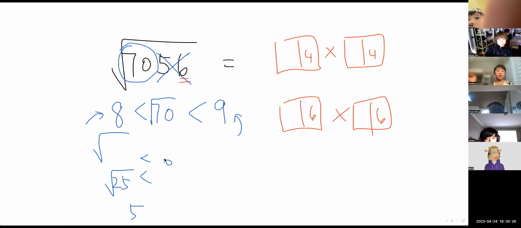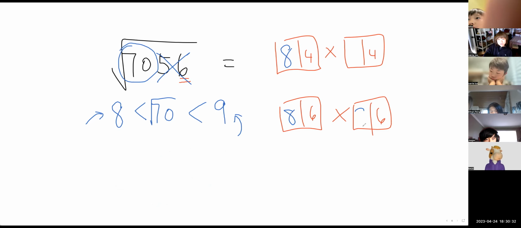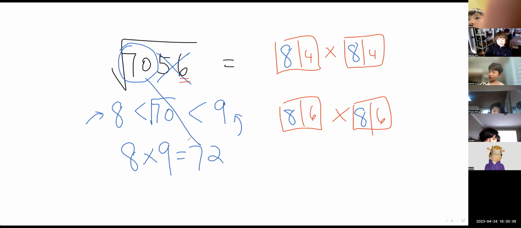So 86 or 84. So which one? 8 times 9 equals 72. 70 is smaller than 72, so the answer is 84. Okay, let me see. Michael, Ethan, good job. I chose the wrong number. Yeah.